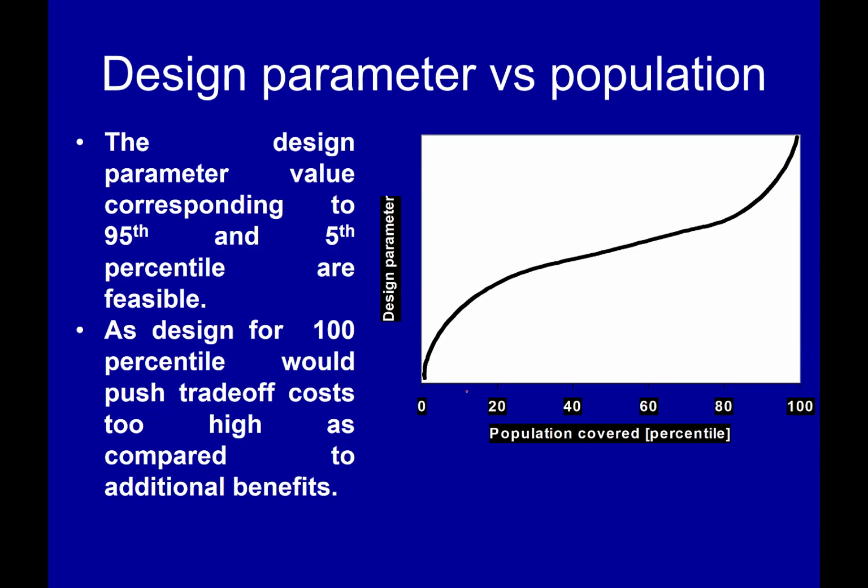Here you see the design parameter value corresponding to the 5th to 95th percentile is considered to be most feasible, because from the 5th percentile to the 95th percentile, this is the percentage of the population covered. From this to this, with the increase of the design parameter, there is a linear relationship.